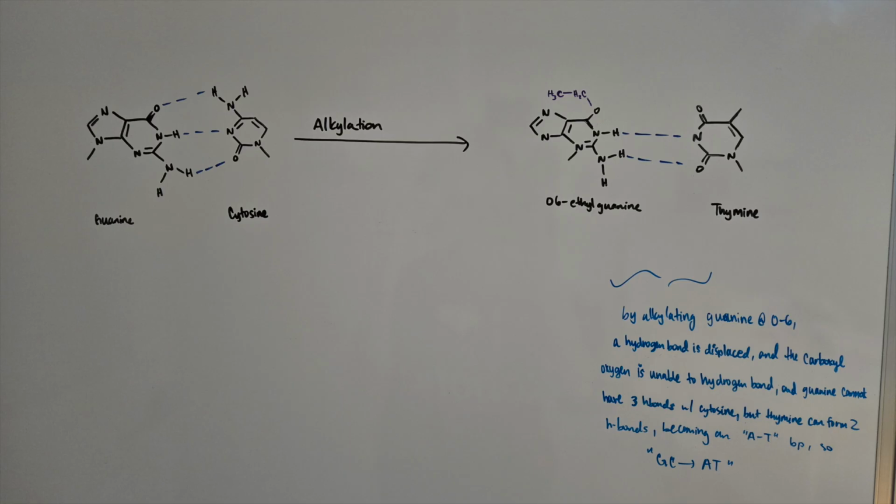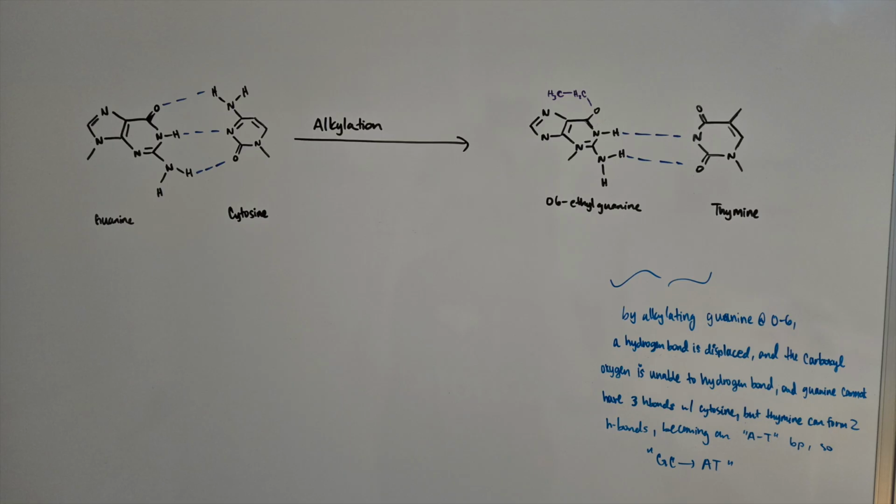But ethyl guanine loses a hydrogen bond pairing. So it cannot form with cytosine, because cytosine forms three hydrogen bonds with guanine. Because there's a lost hydrogen bond, ethyl guanine is going to bond with thymine instead. Shocking alert, right? So you're going to have two hydrogen bonds between ethyl guanine and thymine.